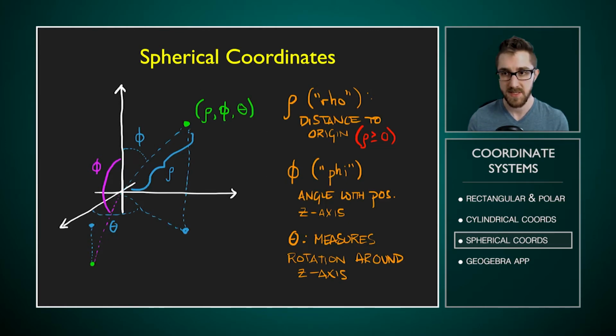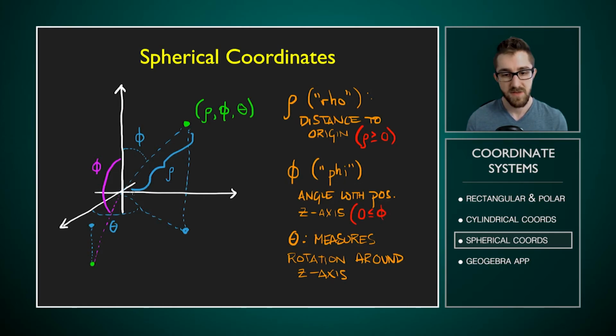So the next thing I'm going to say takes a little bit of time to convince yourself of. I'll give you a link to a Geogebra applet towards the end of the video that will hopefully make it a little bit more clear. But since phi is always measuring the angle with the positive z-axis, there are limits to how big and small phi can be. The smallest phi can be is when the point is exactly on the positive z-axis, in which case phi will be 0.